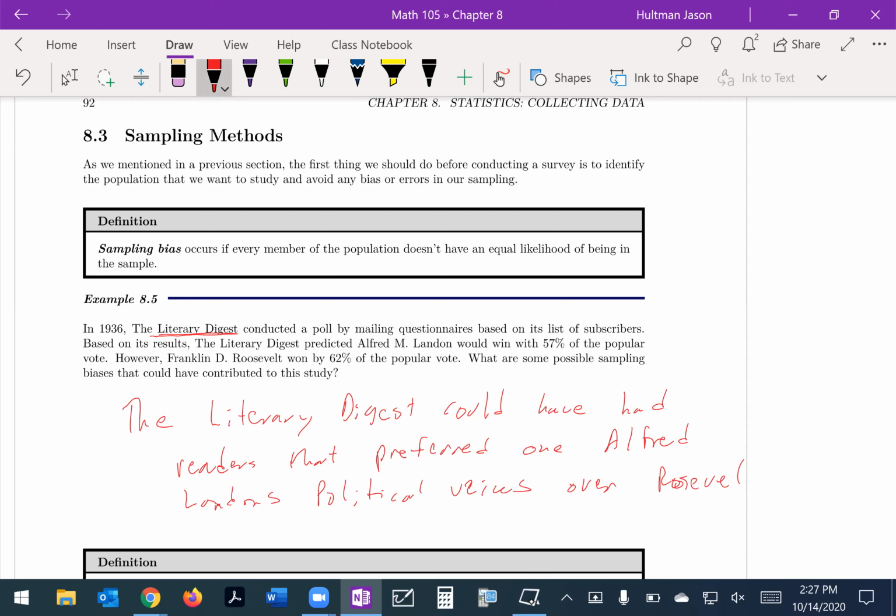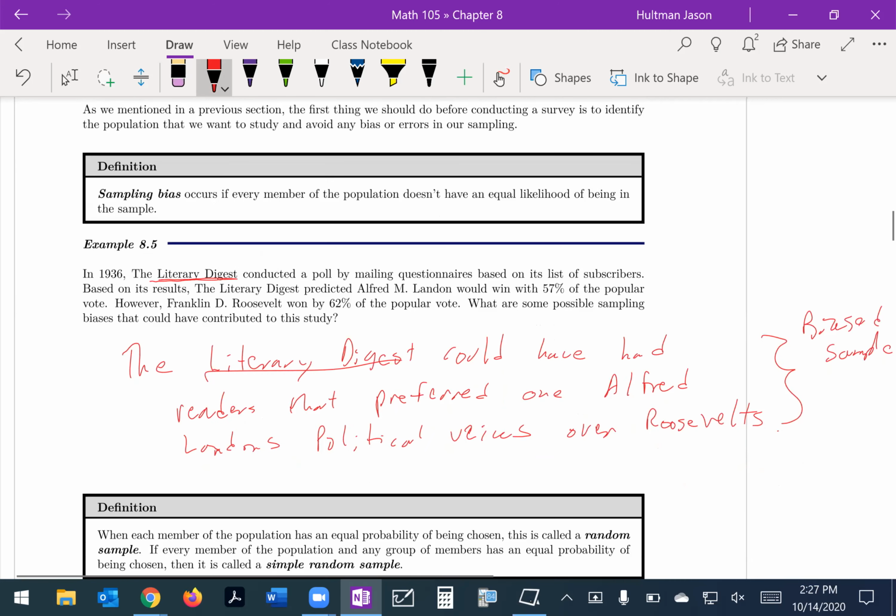Okay, so again, we don't know. So that's called a biased sample. This is a biased sample.